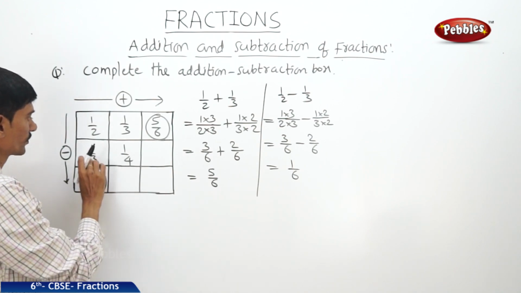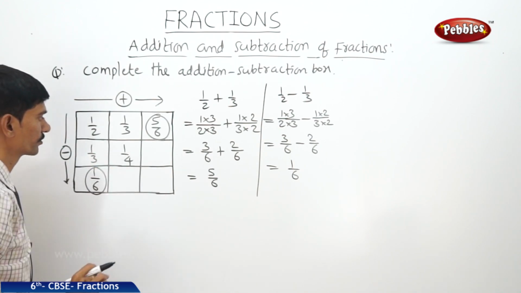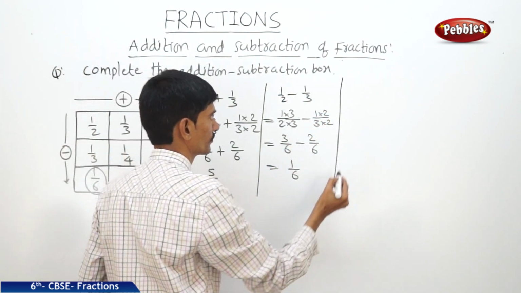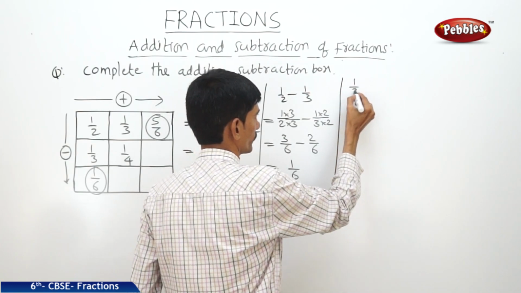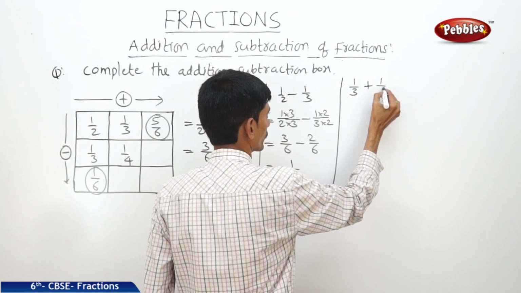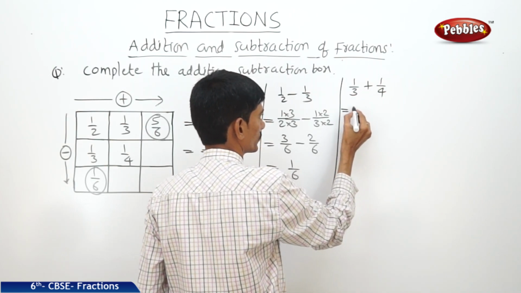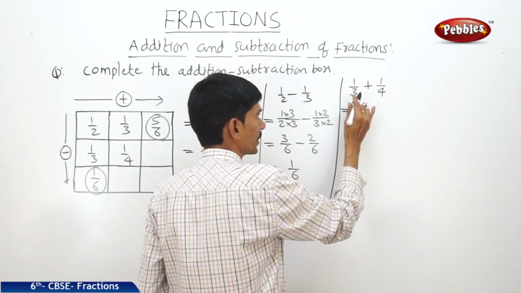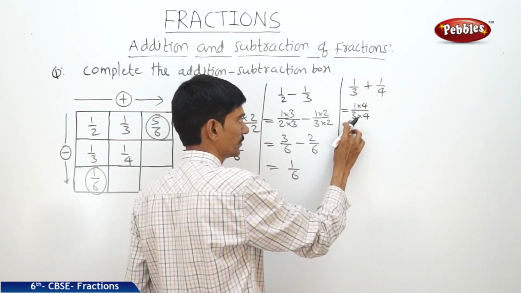Next, 1 by 3 plus 1 by 4. So this equals 1 by 3 into 4 into 4. The LCM of 3 and 4 is 12. So 3 4 times 12.